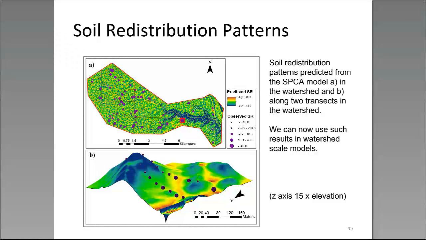The lower figure just shows you some transects that were collected in the watershed and how our predicted model correlates or relates to actual measurements, which are indicated by the size of the circle.